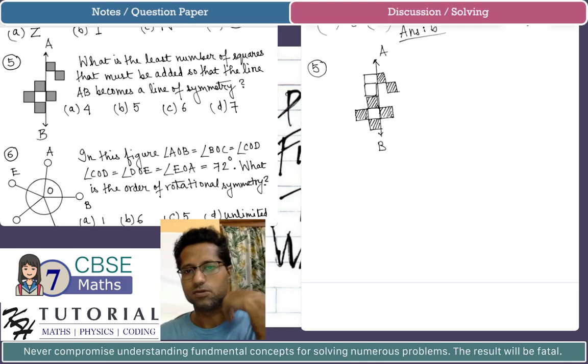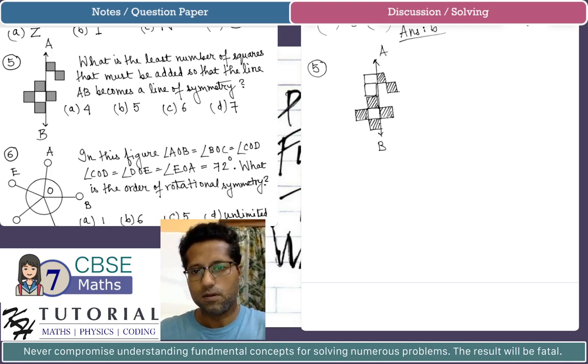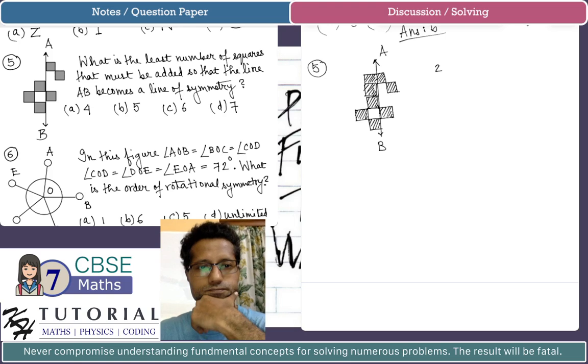Now my figure is not coming out properly, but I hope you will understand. So how many squares did we add so far? Two. We have to keep track. Two.